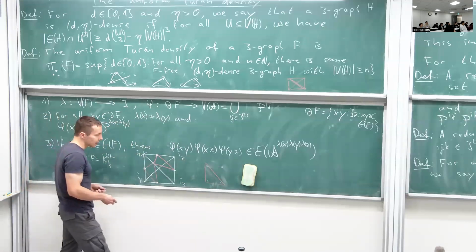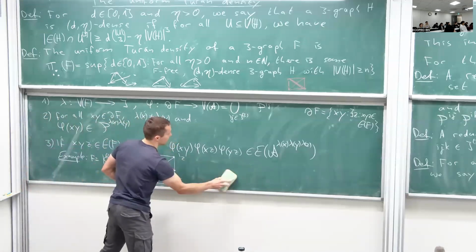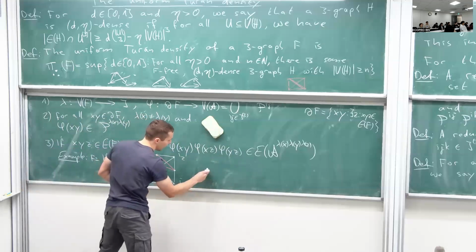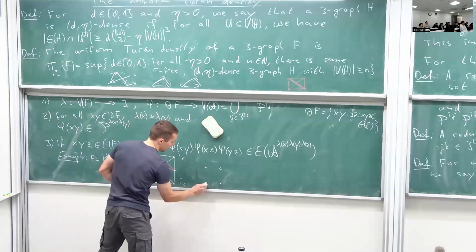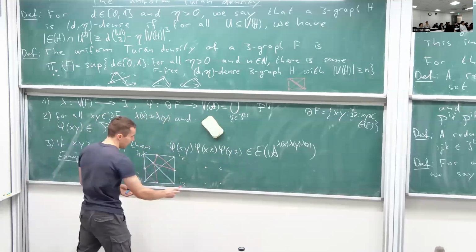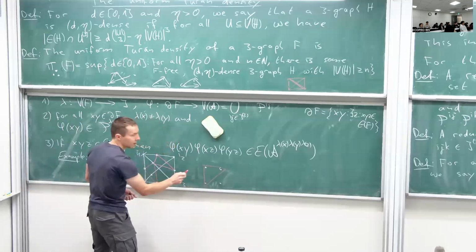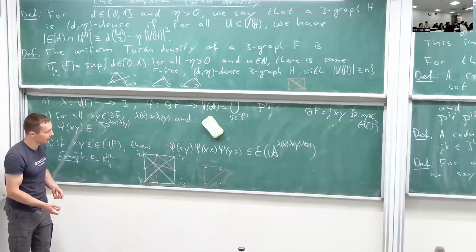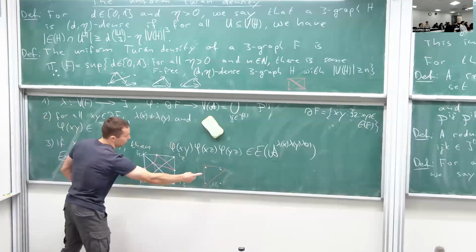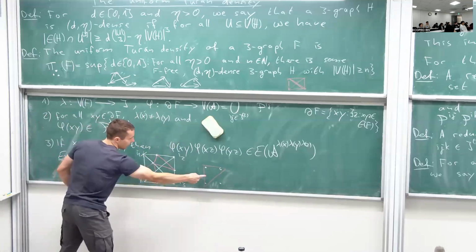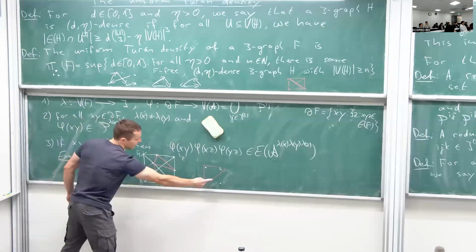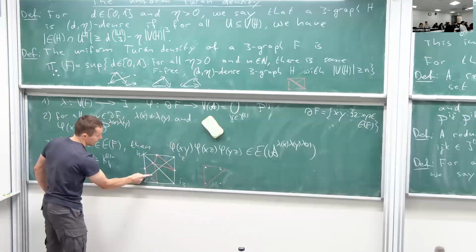And lastly, we have this edge here. Okay, the vertices are mapped again. The pairs are now mapped this one to this one, to this, and this one to this.